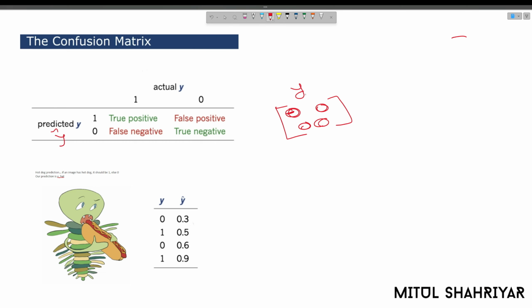So y is here and y hat is here, 1 0 and 1 0. Okay, we have some values for the confusion matrix, no problem with that. So the value we have here is called true positive. Whatever we should have, we have. This is your total task: what is true positive, what is false positive, what is false negative, what is true negative. So this is your task.